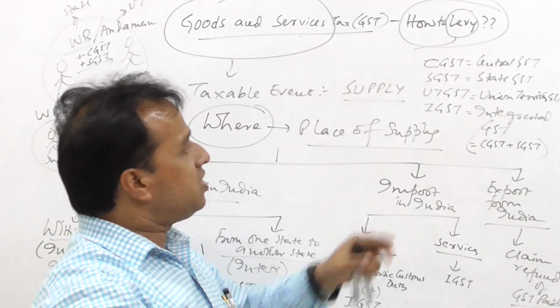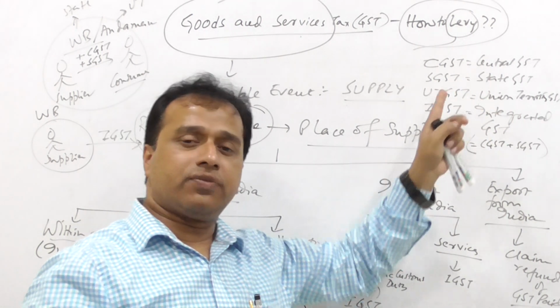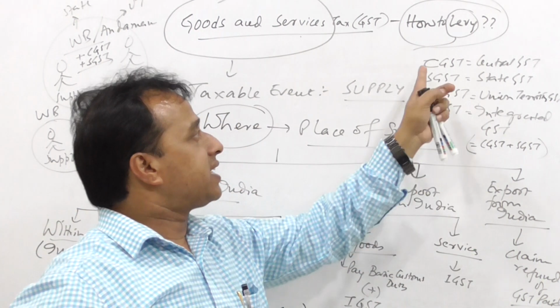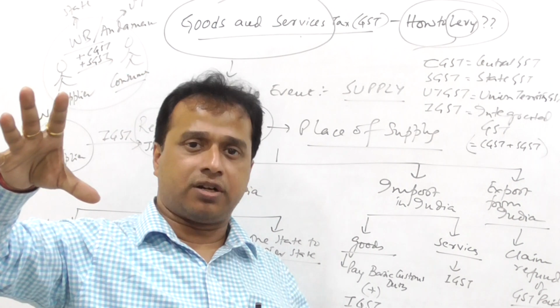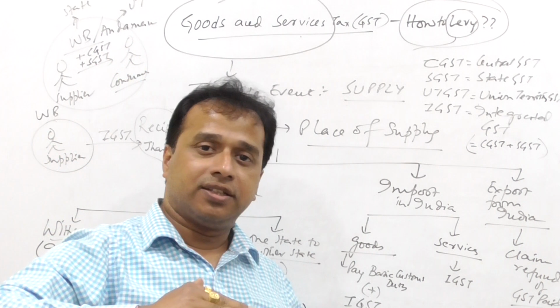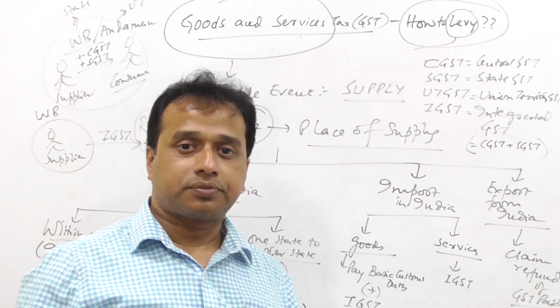Because that GST component, the state's portion will go back to the state directly, but about 55% of the central's portion will come back to the state. If it is West Bengal, it will come back to the state of West Bengal.